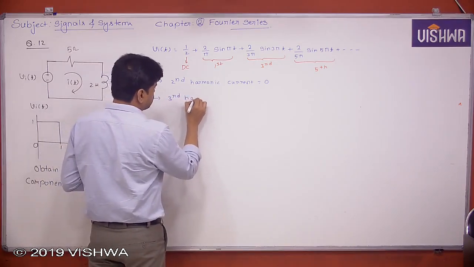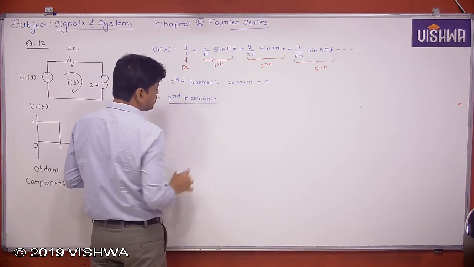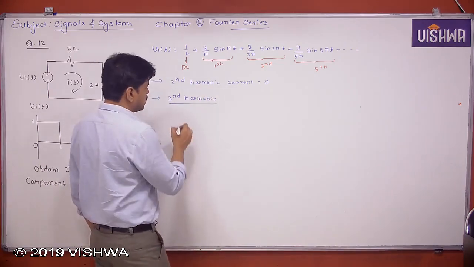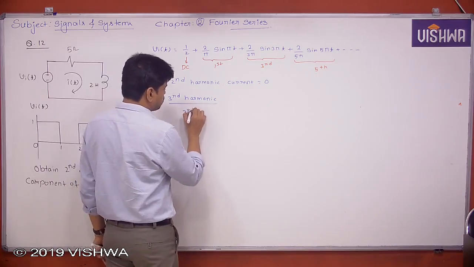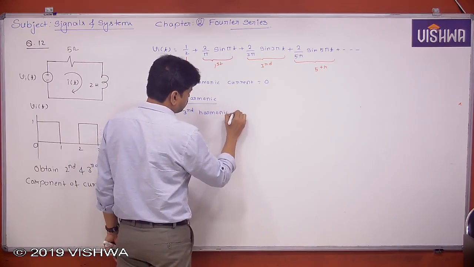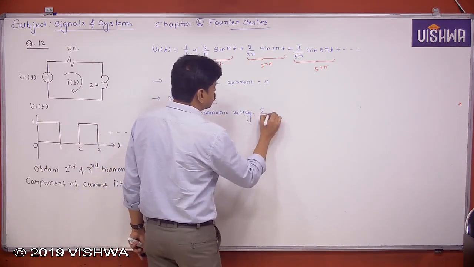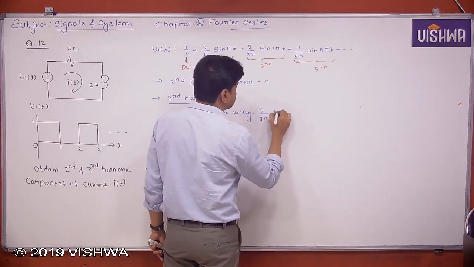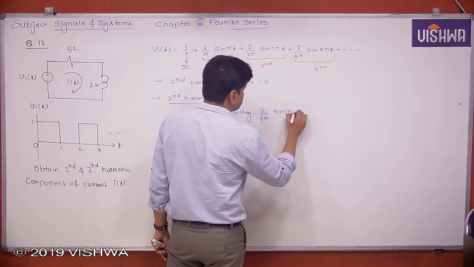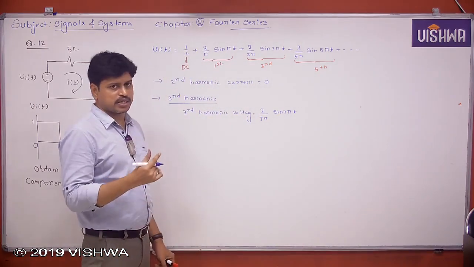Now we require to find the third harmonic. For that, what is the third harmonic voltage? It is equal to 2 by 3 pi sine 3 pi t. So we have to do the analysis with AC by using phasors.